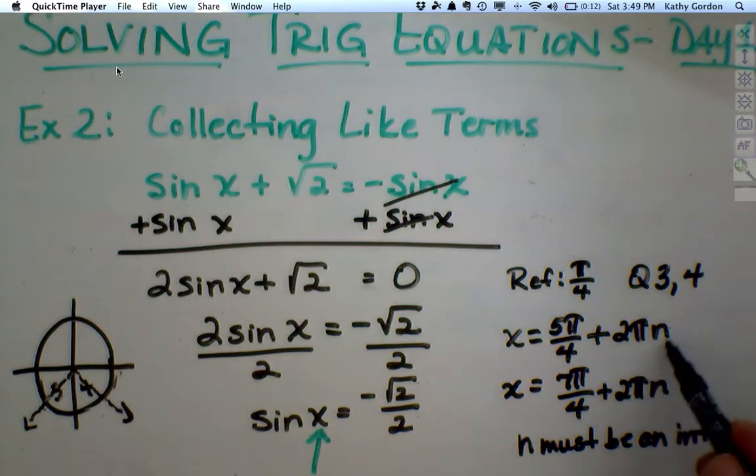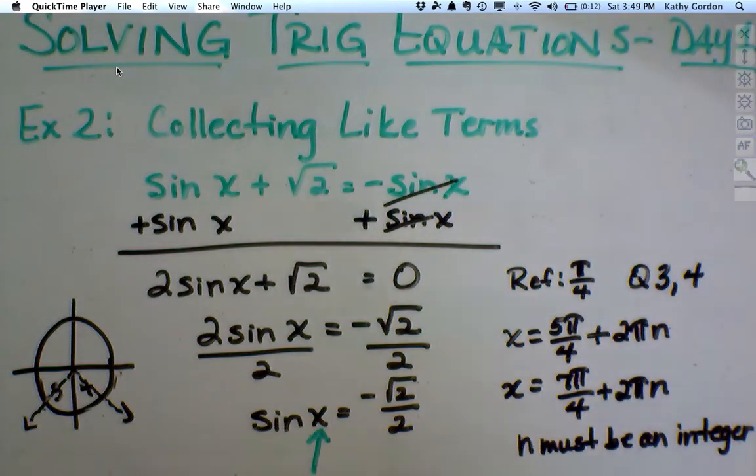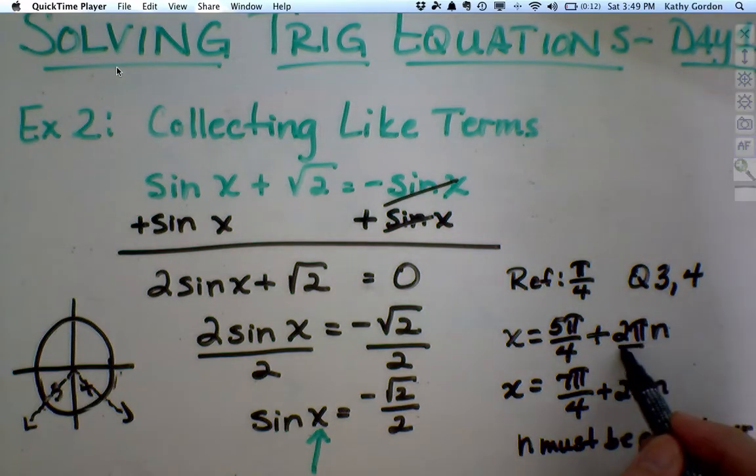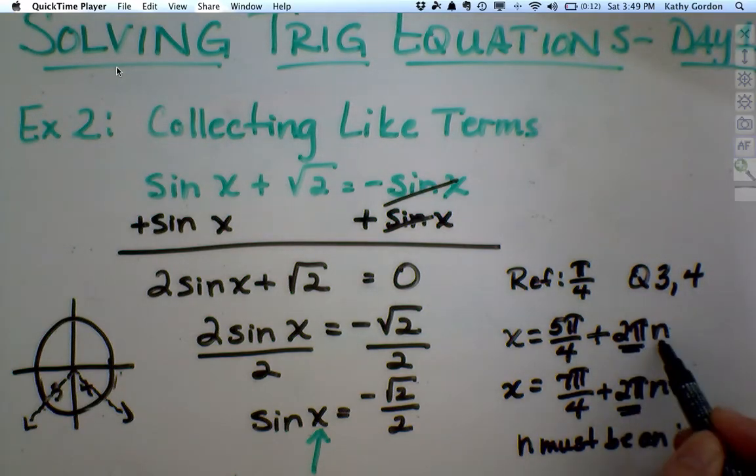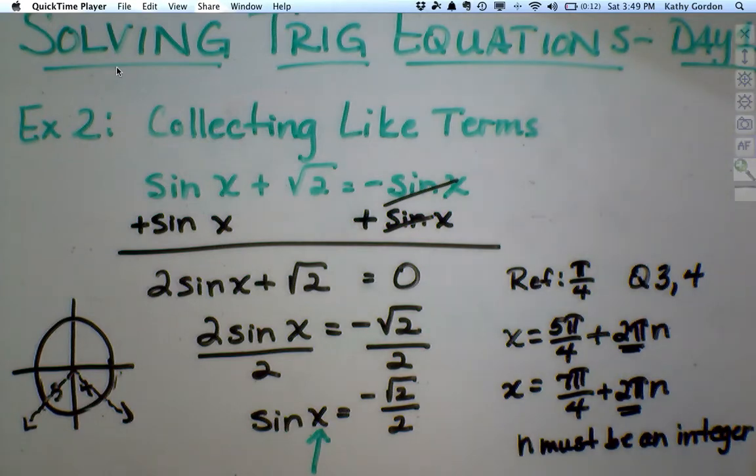So this is how we indicate if we're talking about all possible solutions: 2 pi because of the period of sine, and n to represent how many rotations around we're talking about. Okay, and so this is the final solution we're looking for.